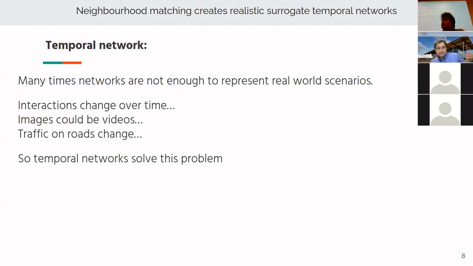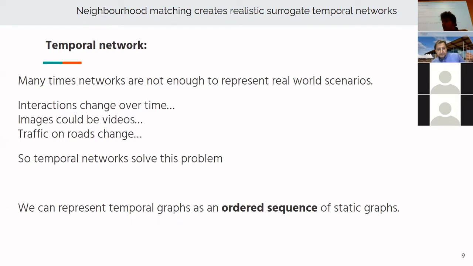For instance, in face-to-face interaction, they change over time because we maybe start talking with someone else, or images could be videos, and traffic on roads and this kind of stuff. So temporal networks solve this problem.